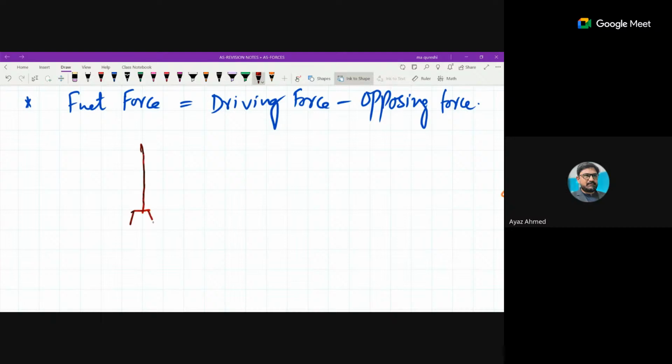So if I say that here the driving force is, let's say, the weight force, in this case of this row, then the opposing force can be the tension.